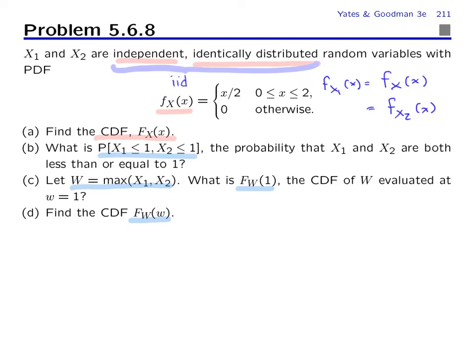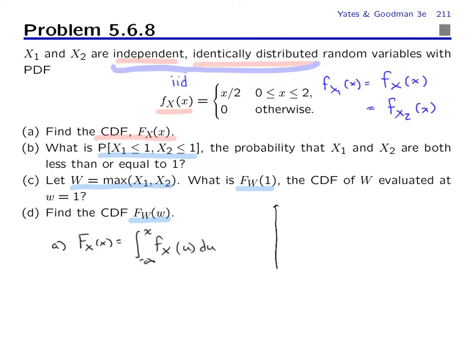Okay, so let's start with part A. We know that the CDF of x is the integral from minus infinity to x of the PDF, integrated using a dummy variable u.